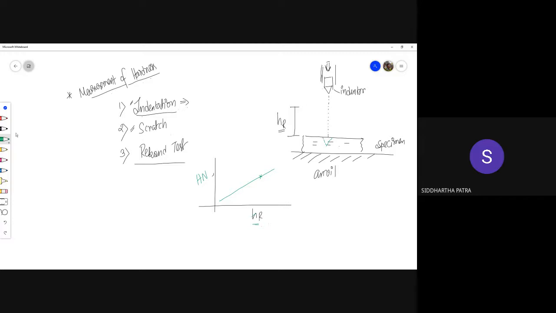Now, at this point, I would also like to mention something called Mohs scale. So in early 1900s, so early 20th century, there were not as many methods of testing hardness of a material as we have now. Okay.